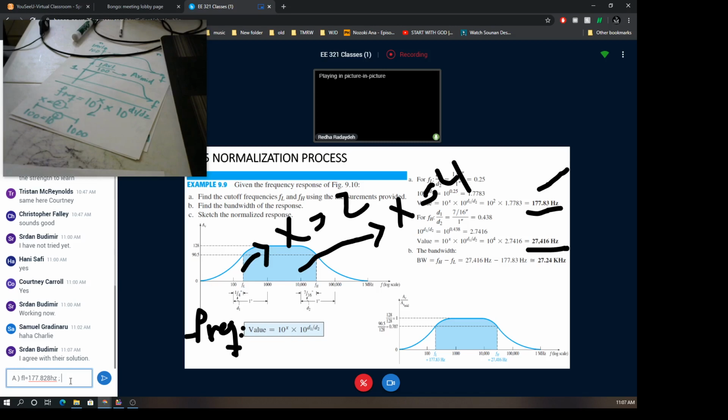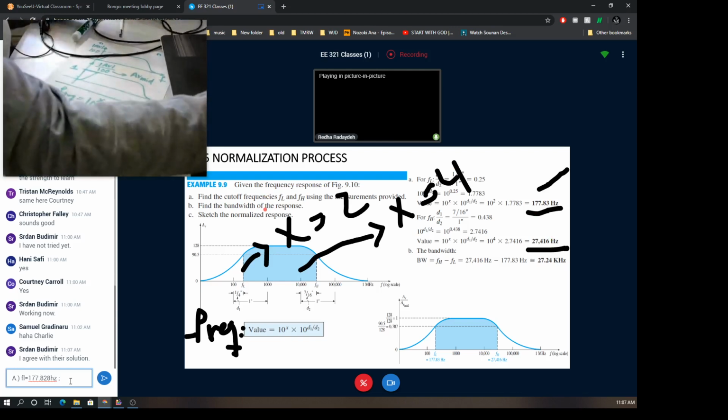Should that still be correct with 27,000 hertz? It would be the same as 27 kilohertz? Yes, 27.416 kilohertz. So there is a kilohertz missing here, so we have to fix a typo in the answer. This unit in here should be in kilohertz.